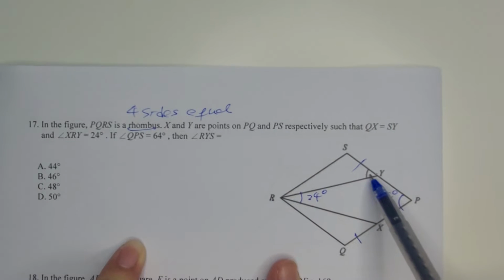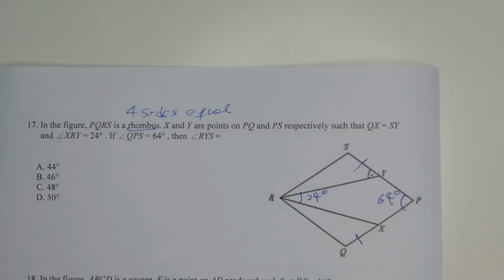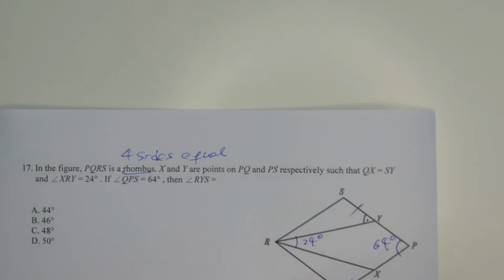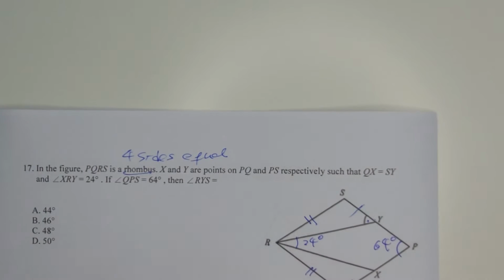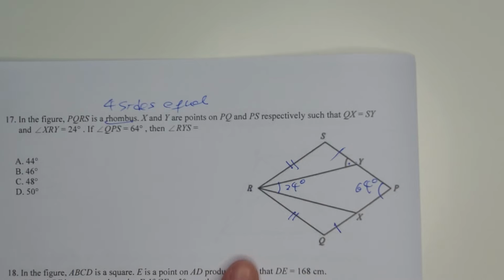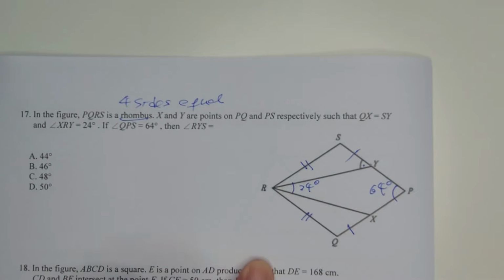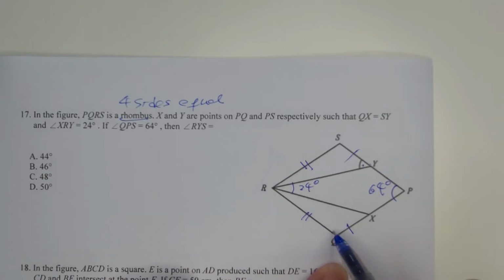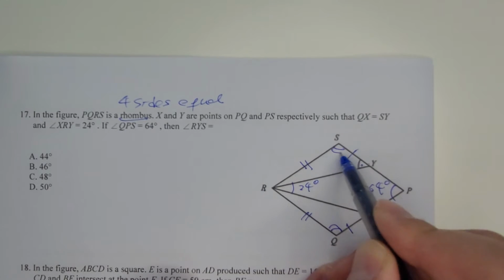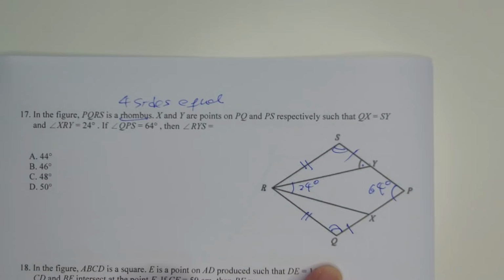RYS, this one. As you can see here, since this is a rhombus, RQ and RS are equal. And second, this is a rhombus, so that is also a parallelogram. That means the opposite angles are equal. So you can see that these two triangles are congruent.